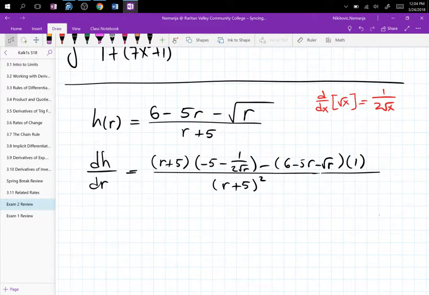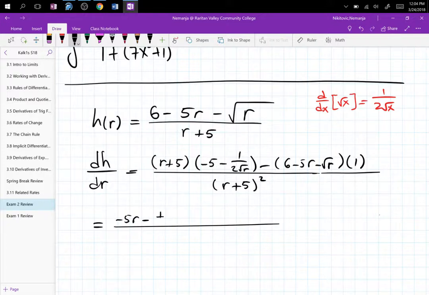So now we have some FOILing to do to simplify all of this. So when we FOIL, we get negative 5R minus R over this. So this is just the square root of R. So minus 1/2 root R, minus 25 and then minus 5 over 2 root R, since we're multiplying now.